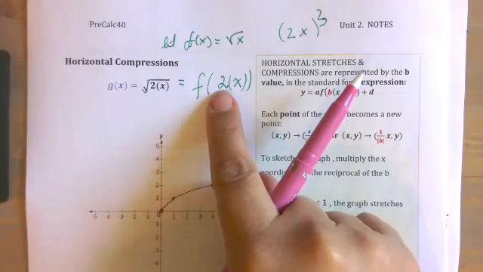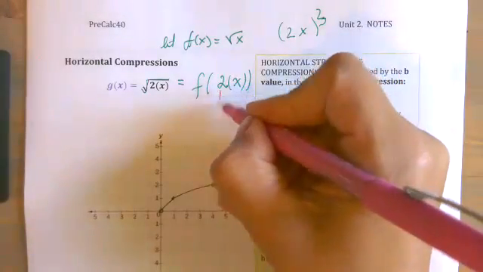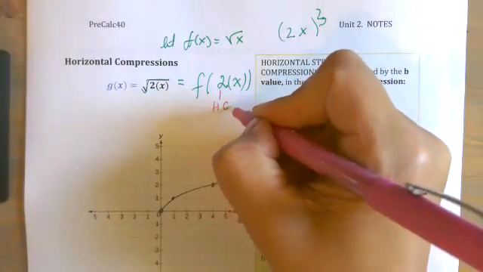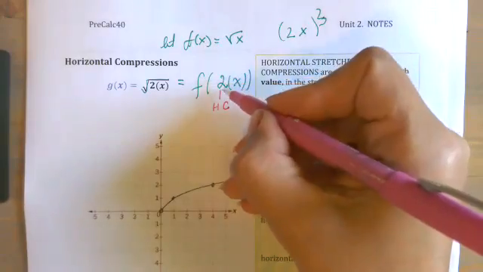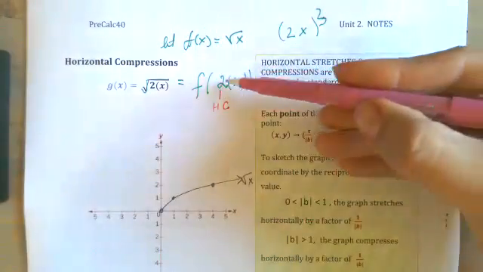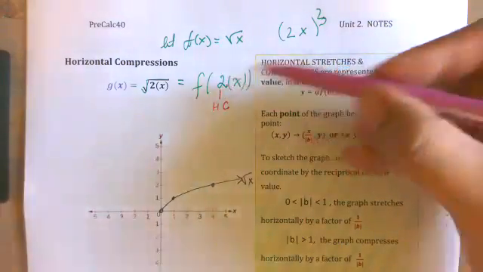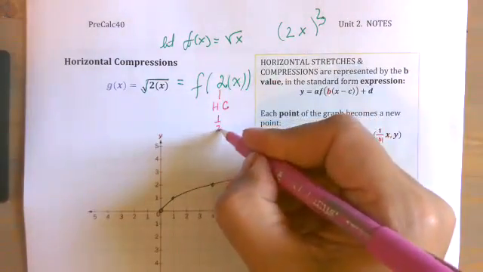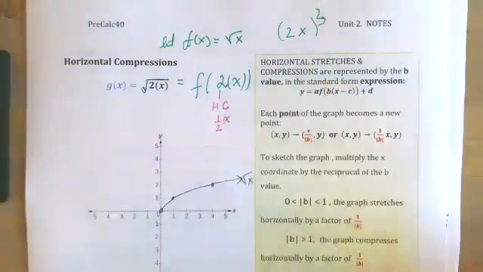So if this number is bigger than 1, you actually will have a horizontal compression by a factor of the reciprocal of this number. So 1 over 2 times x.